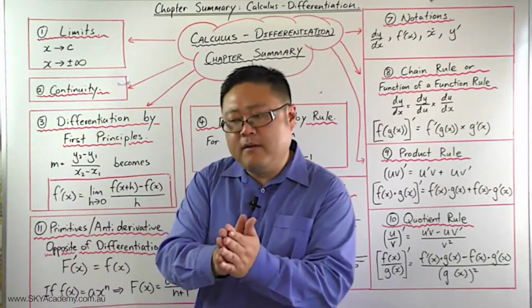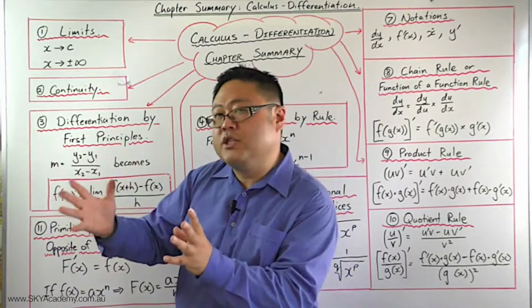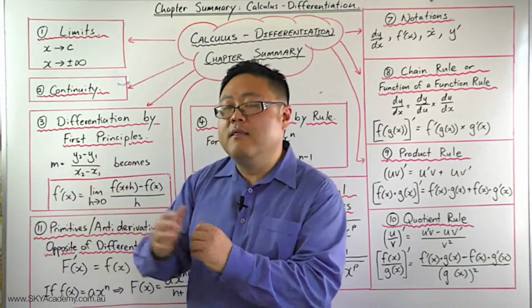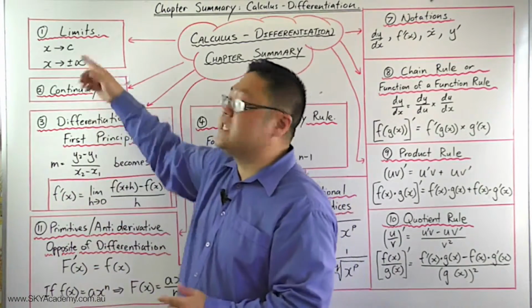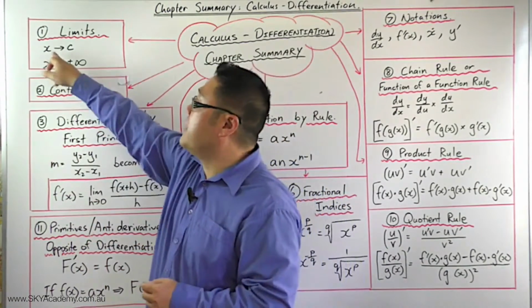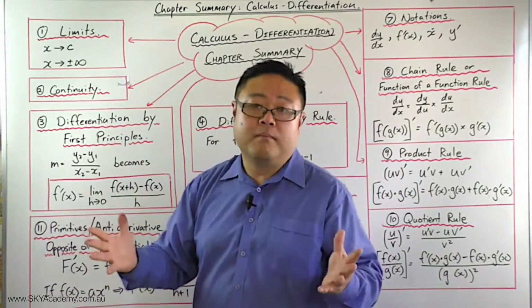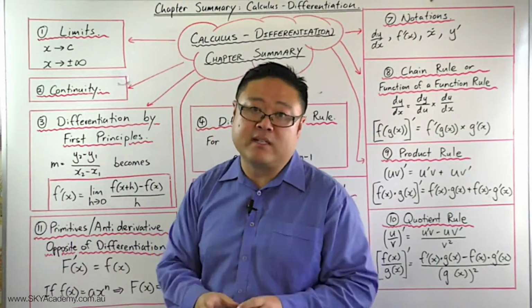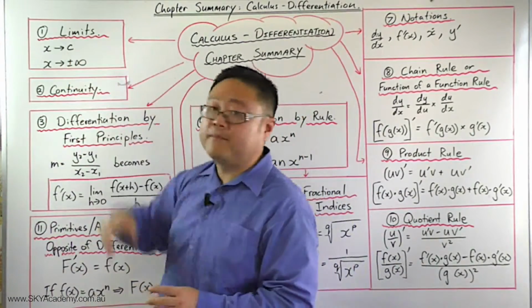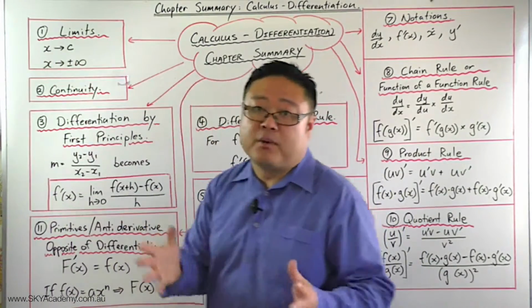The function breaks down at that point, but that's not necessarily to say that the limit as x approaches c will break down either. The limit might exist, although the function might not exist.